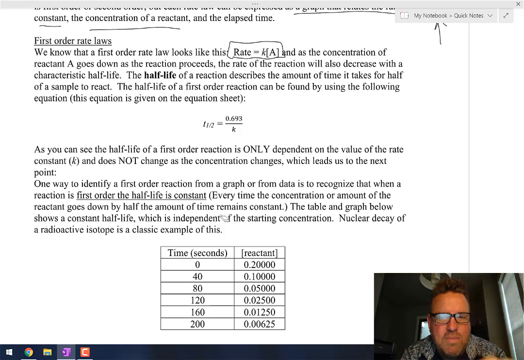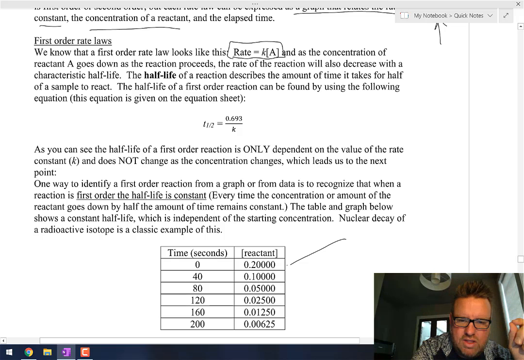Every time the concentration or amount of the reactant goes down by half, the amount of time remains constant. Here you can see this. They could look at this and ask you, what's the half-life? Well, the concentration is initially 0.2. How long does it take for half of it to go away? Here it is, 0.1.